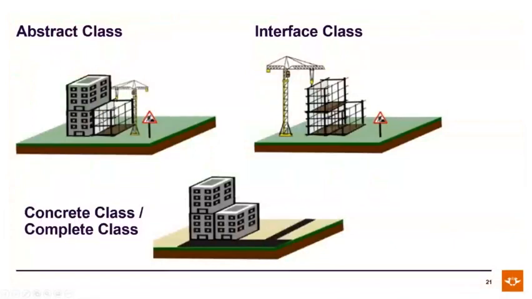Is everyone okay on the base principle idea that an abstract class can have some functionality and is missing some? An interface, however, is always missing. It has no functionality. An interface has absolutely no functionality ever. And then a concrete or complete class has all the functionality done.